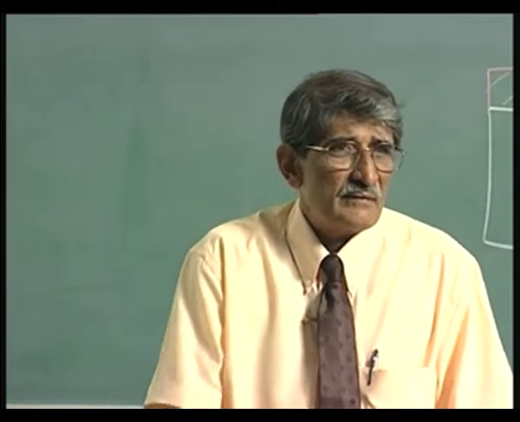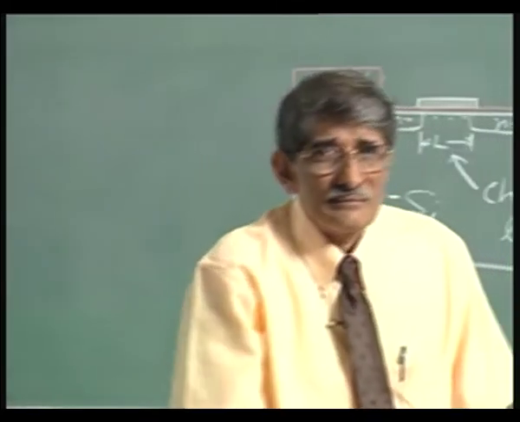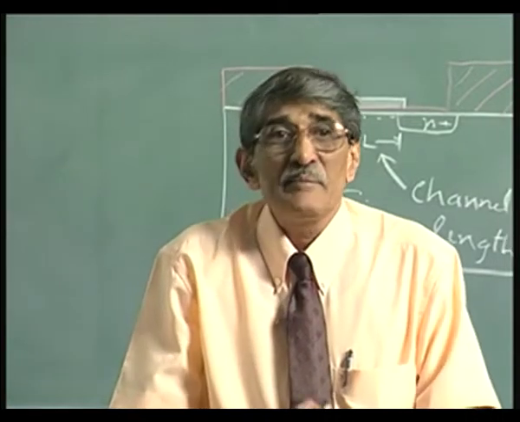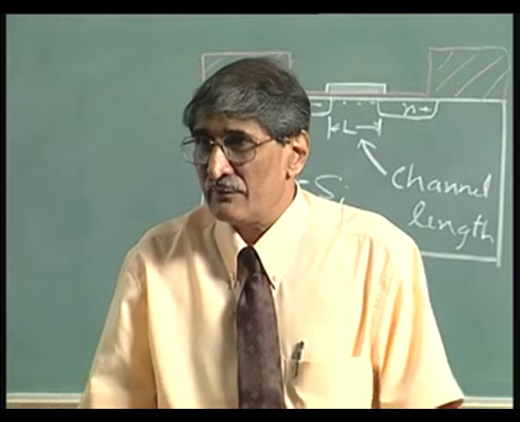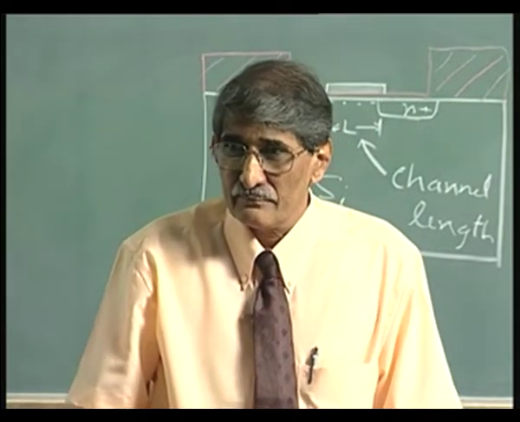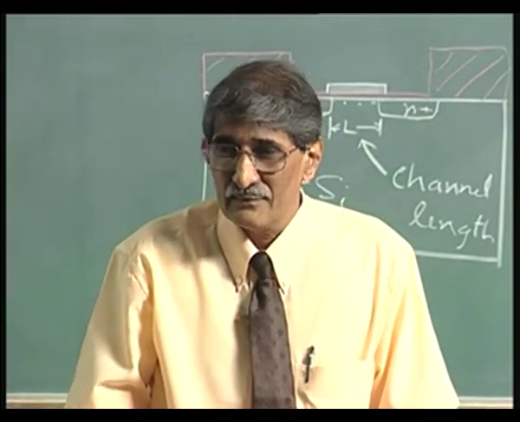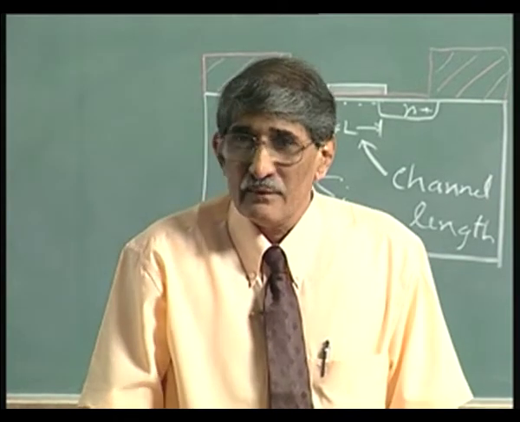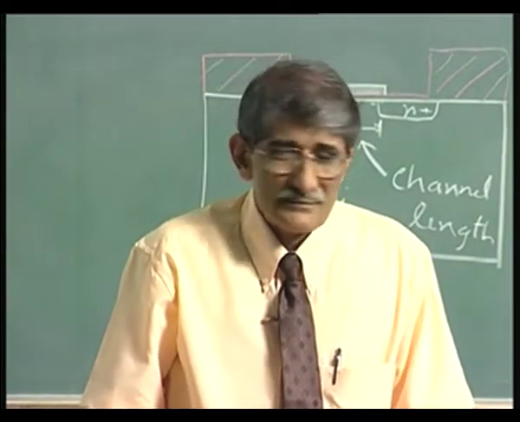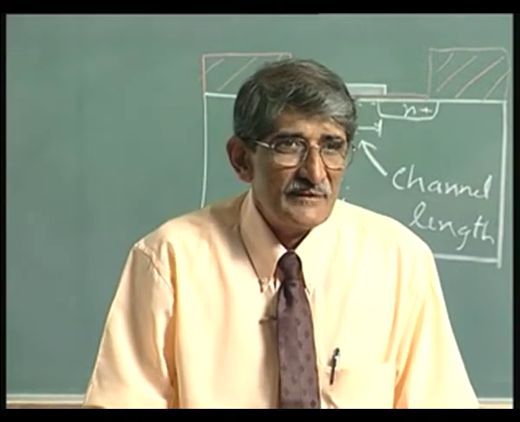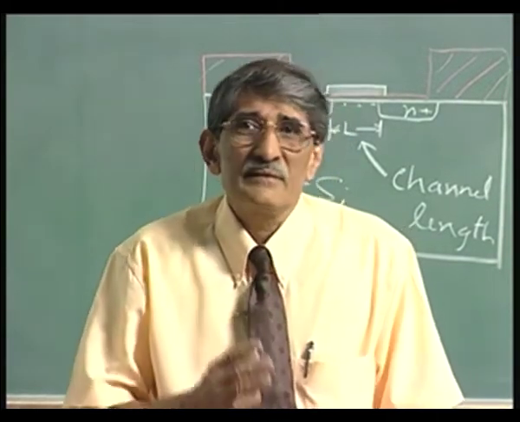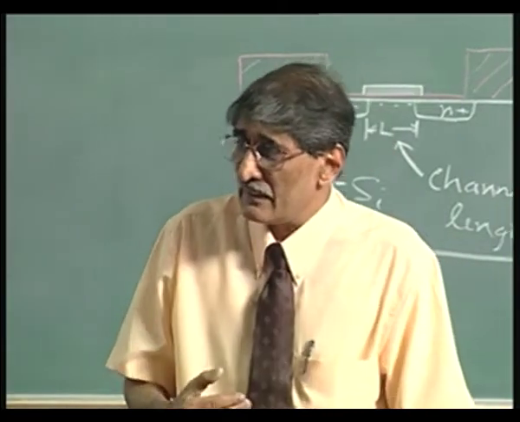For example, germanium has a better mobility than silicon. Silicon has an electron mobility of 1500 centimeter square per volt second. Germanium has almost double, 3000, but you do not look at germanium. Why? Band gap. The band gap is 0.72, which makes it leaky. It prevents you from operating at higher temperatures.